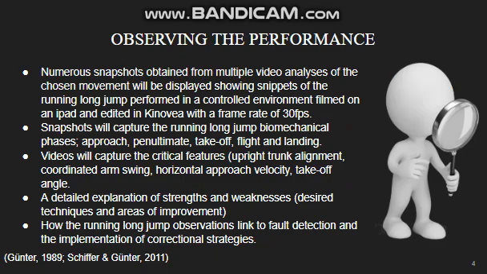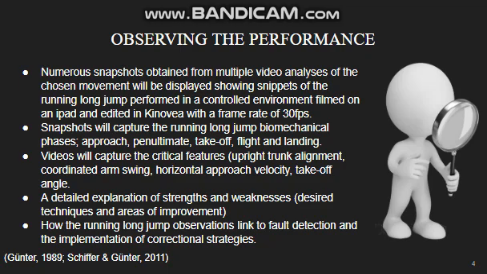So when observing the performance, my jump was recorded in the sagittal plane at 30 frames per second, and I used Kinovea for motion analysis. It was recommended by Kaw and colleagues 2017 that marker placement should be applied to key anatomical landmarks, those being the ankle, knee, hip, shoulder, and elbow, to track joint angles, center of mass trajectory, and angular displacement throughout each phase better.